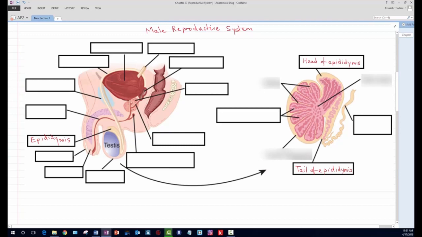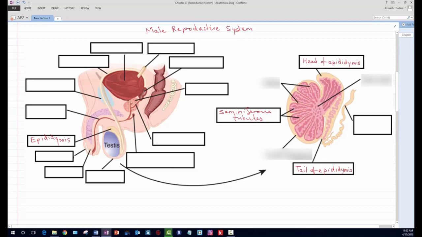In the testes, we have the collection, huge collection of these seminiferous tubules. Previously, in that short video on the physiological functions when related to the male reproductive system, we remember the Sertoli cells, the so-called nurse cells, and those cells are where the spermatogenesis occurs, and the Sertoli cells are part of these seminiferous tubules over there.